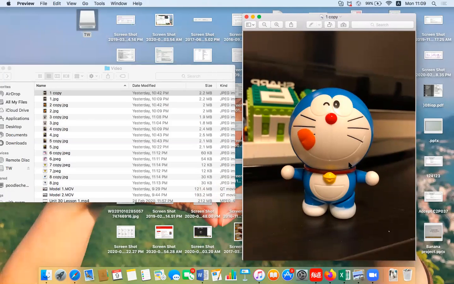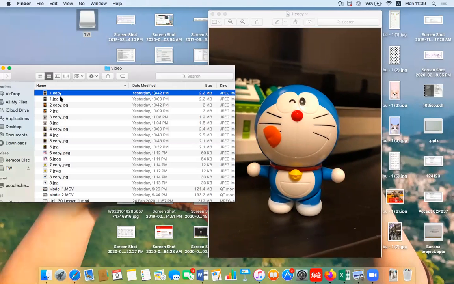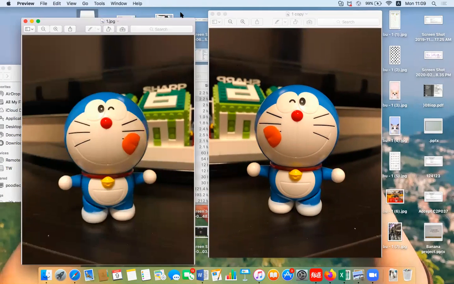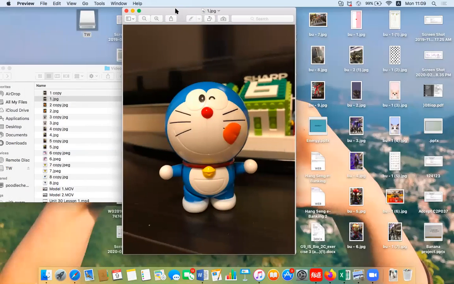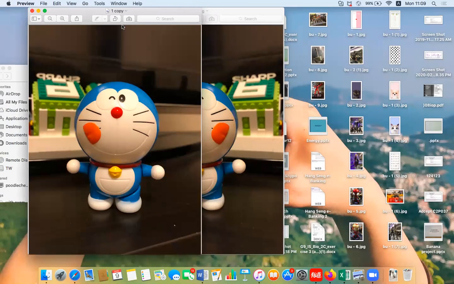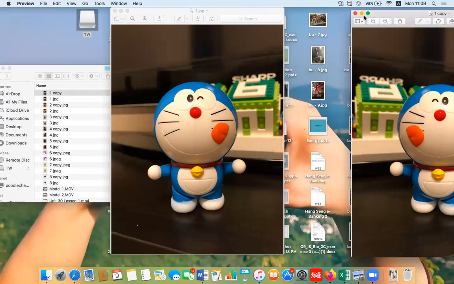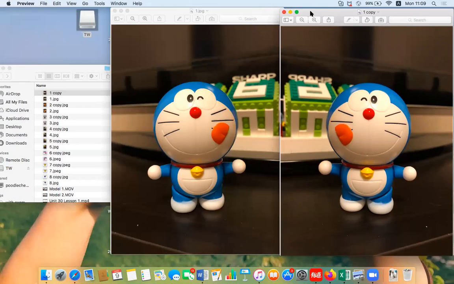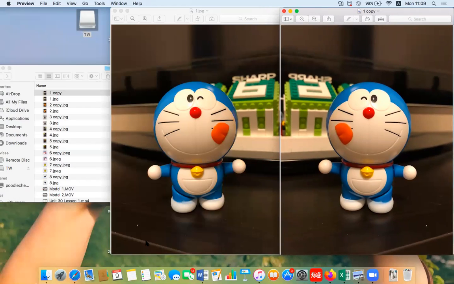Sorry, that's not the original one. Okay, so that's the original figure. If I flip it horizontally, I can get the mirror image. So I put it here. Now can you tell me whether this figure is superposable or not?